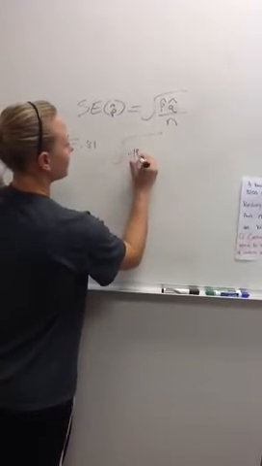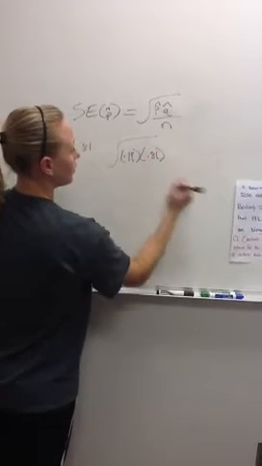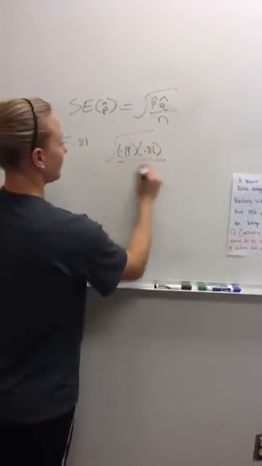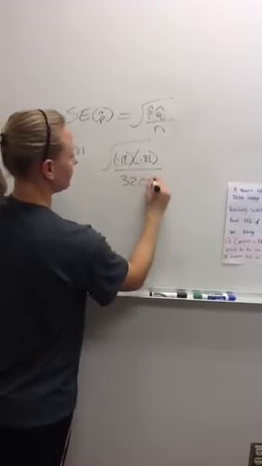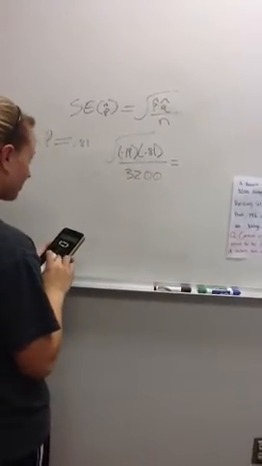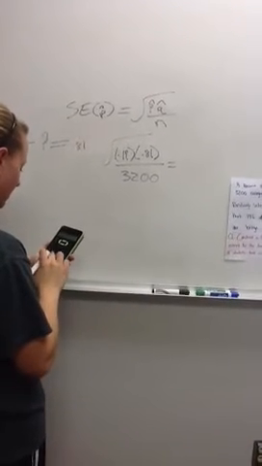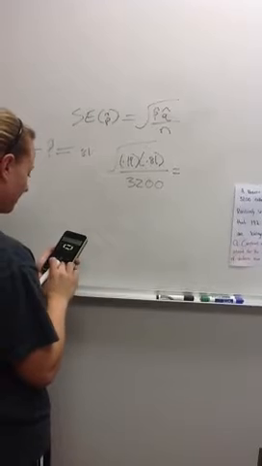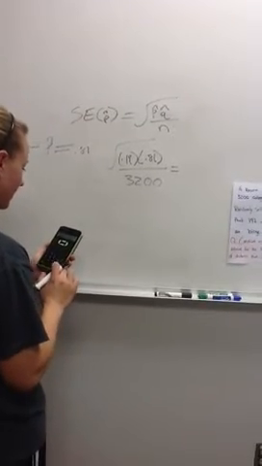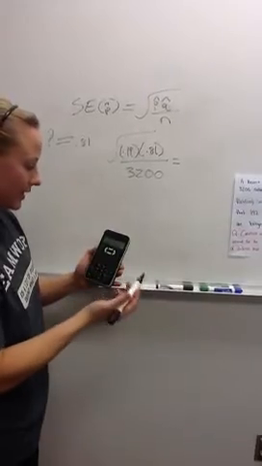p hat times q hat over our sample size, 3,200, which is going to equal the answer that I got, 0.0069349.